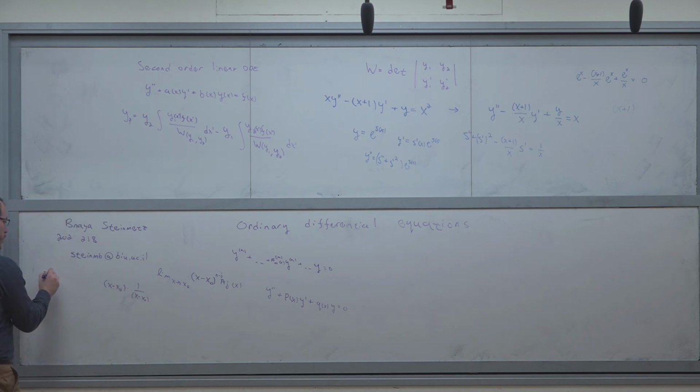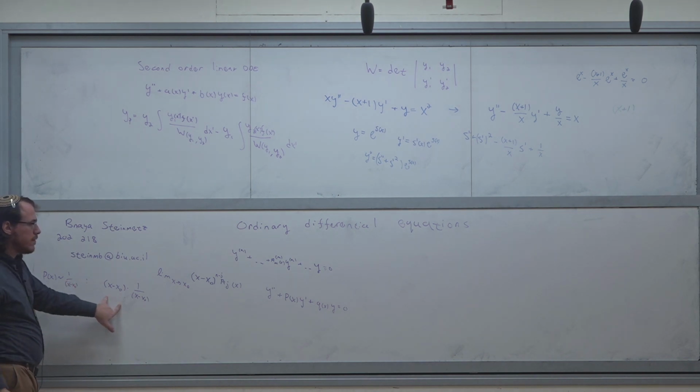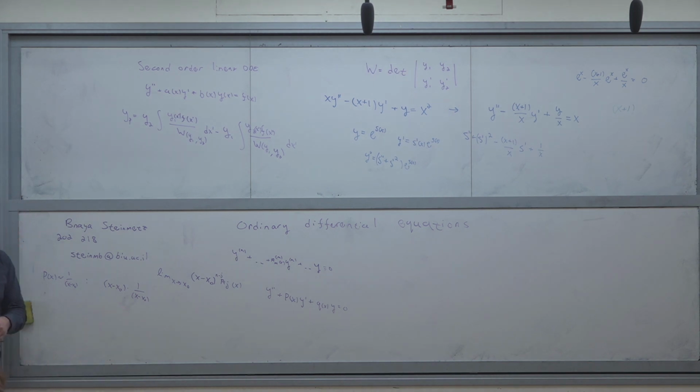Assume that p of x goes like 1 over x. Then you can see that it won't diverge, right? So this case of weak divergence is called a regular singular point.